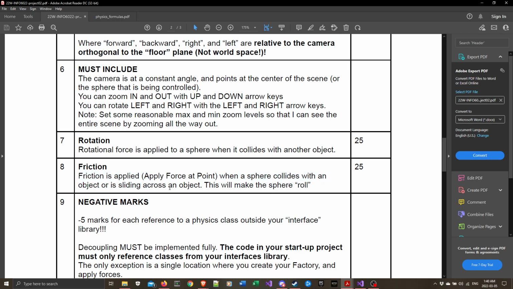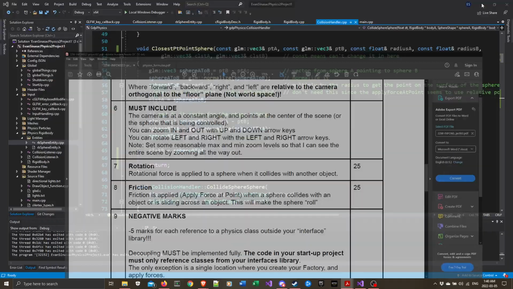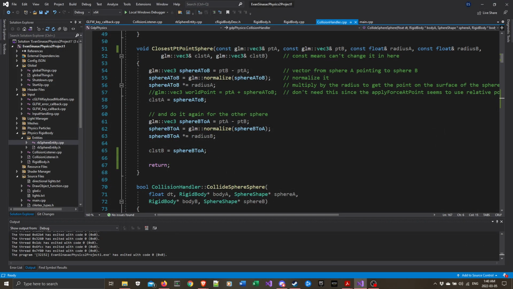Although I guess technically the spheres could be on top of each other, so they should apply friction. I will quickly add friction to the sphere math as well after. That's going to be annoying to implement, but I should do it.